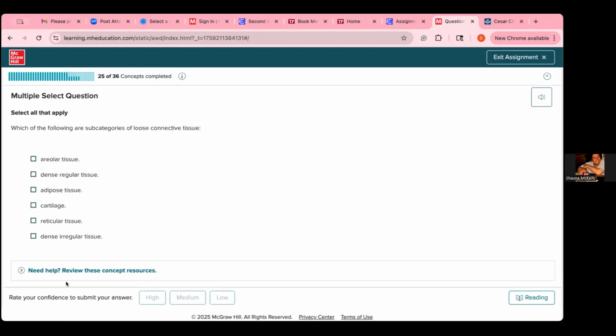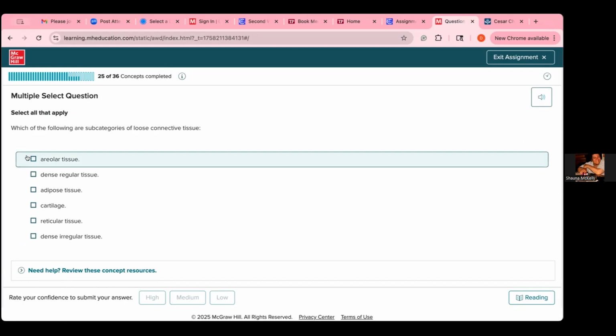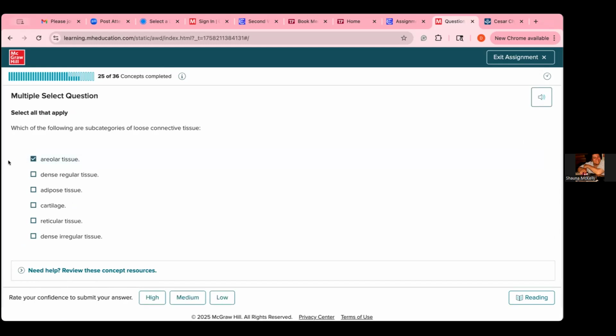Which of the following are subcategories of loose connective tissue? We answered this one too. It's areolar tissue. I think it's, hold on. There's another category and I don't remember.